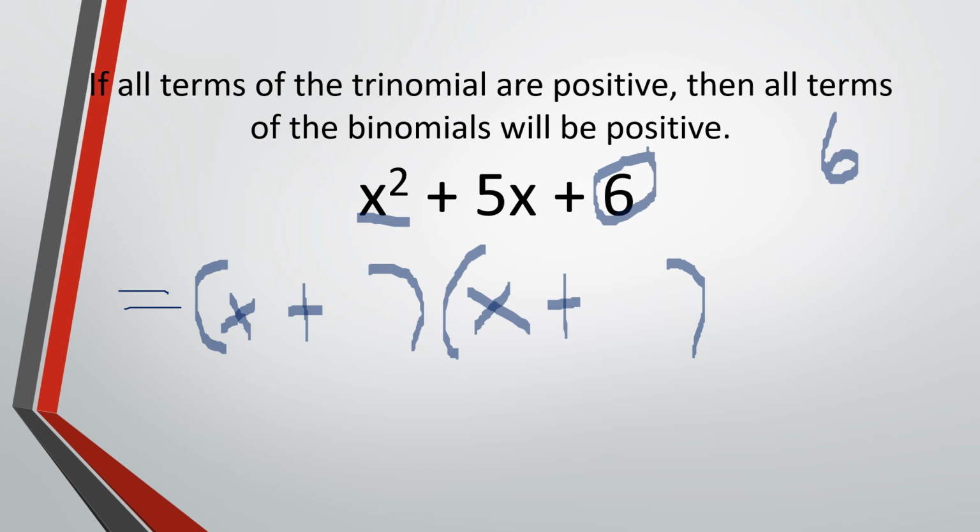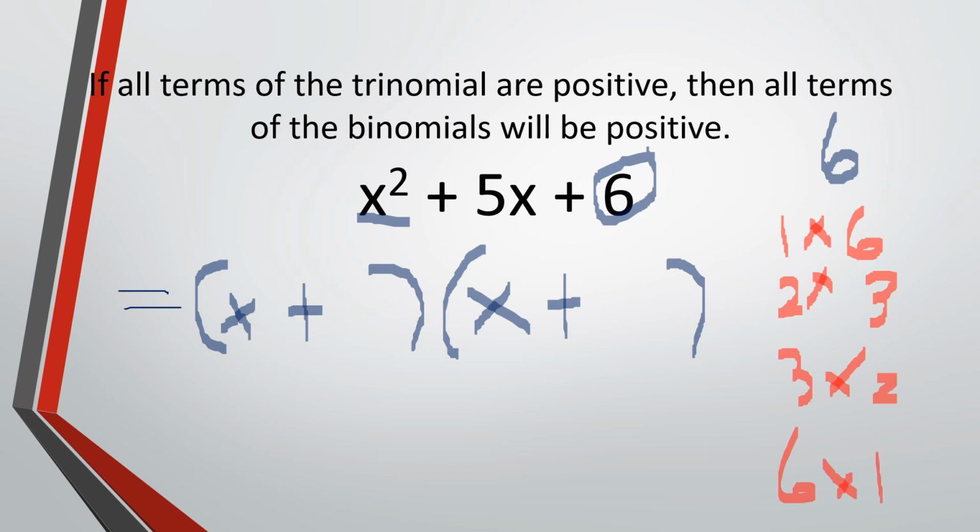The factors of 6 are 1 multiplied by 6, 2 and 3, 3 and 2, and 6 and 1.